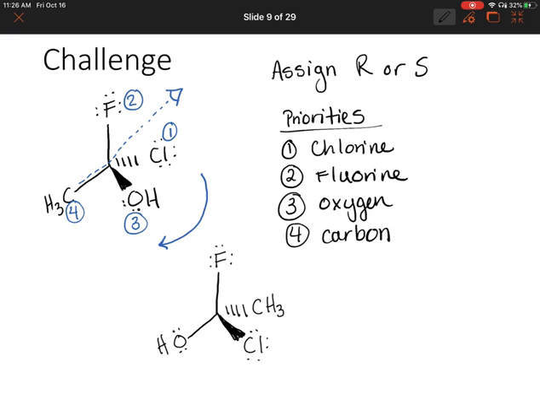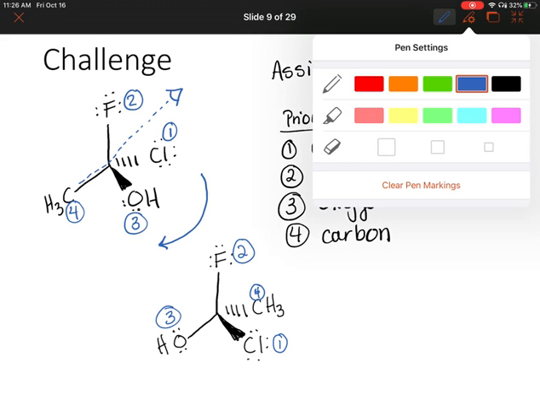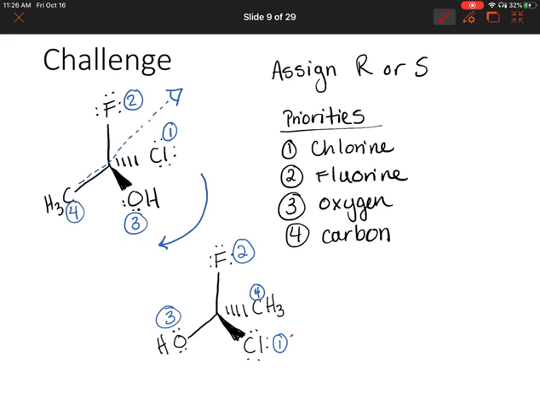Okay, so now let's number our groups again. All right, so CH3 is in the back, which is perfect. This will make it much easier to assign R or S. So we're just going to draw a circle from 1 to 2 to 3. And if we imagine this is a steering wheel, we're turning it to the left.